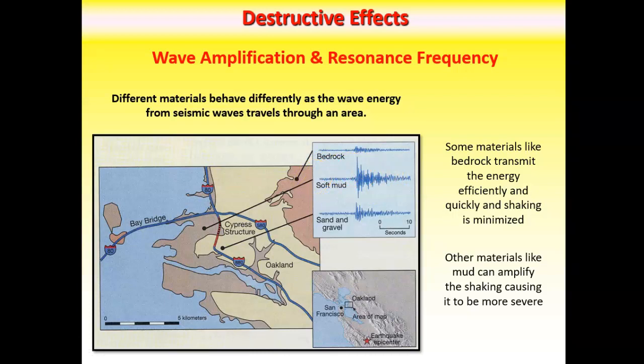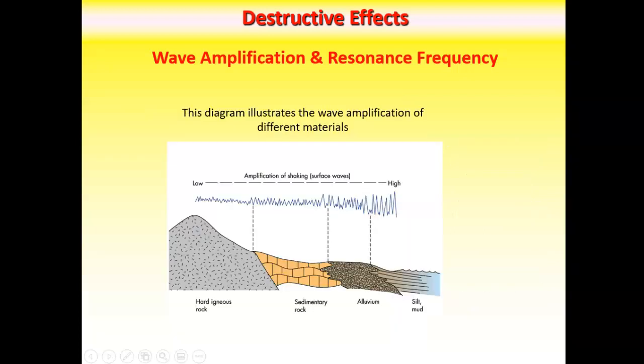And so they actually amplify the shaking because, of course, they're small pieces that can bounce together, whereas the bedrock is cohesive and we don't see as much ground shaking. So in areas, once again, near coastlines where you have lots of sediment deposited, the areas made of mud are typically where we see the most damage because it shakes the most as the waves move through it, where the bedrock is very stable and doesn't shake as much.